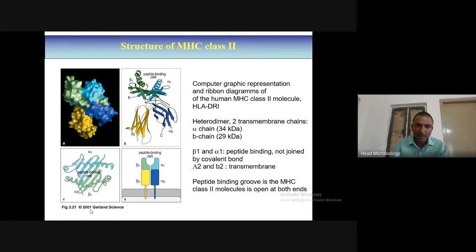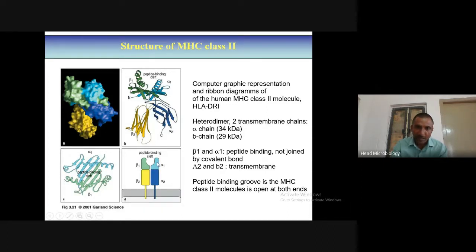And coming to the MHC class 2 structure, here there are two chains, alpha and beta: alpha 1 and alpha 2, beta 1 and beta 2, a different structure. This is the ribbon diagram of HLA and MHC class 2 molecules. The alpha chains are 34 kilodaltons and the beta chains are 29 kilodaltons in molecular weight.